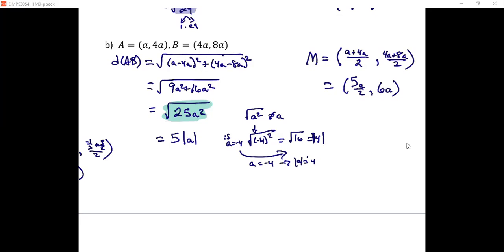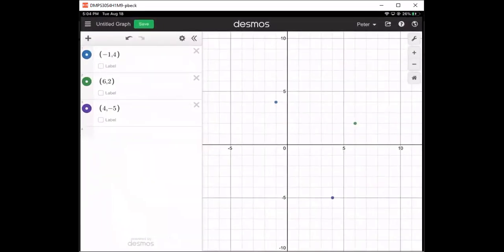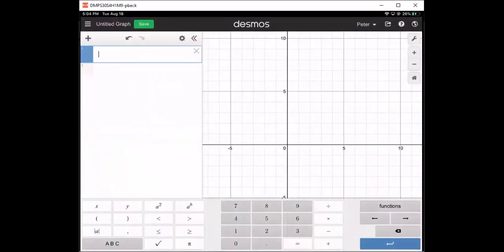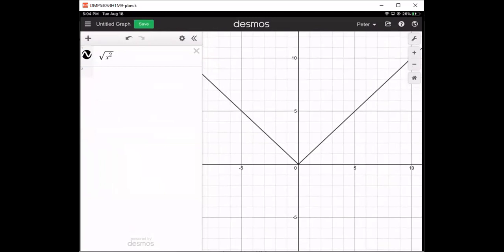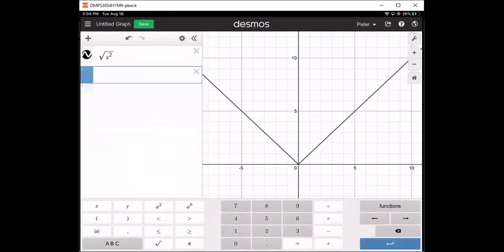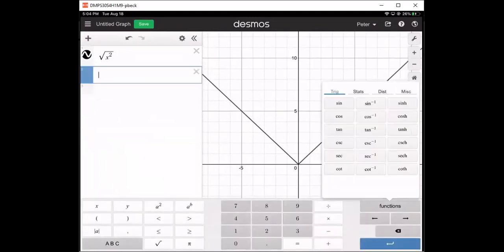I really like to show this a little bit more on a geometric side. If I take the square root of x squared, we can see that this graph is the absolute value of x. Let's go ahead and put that function in there. Absolute value of x.